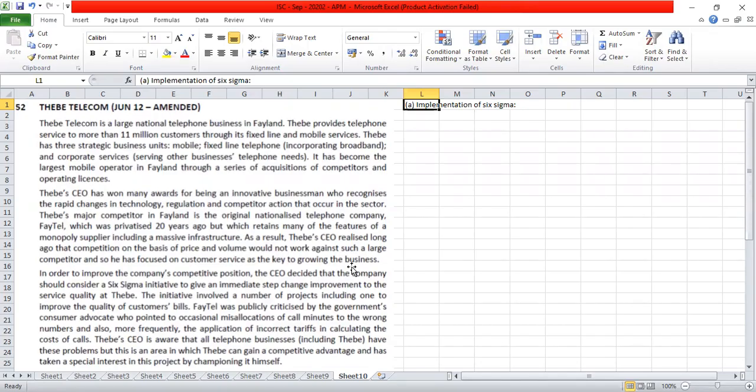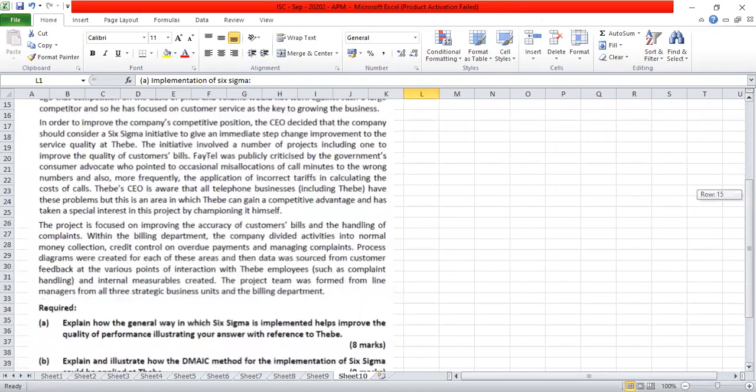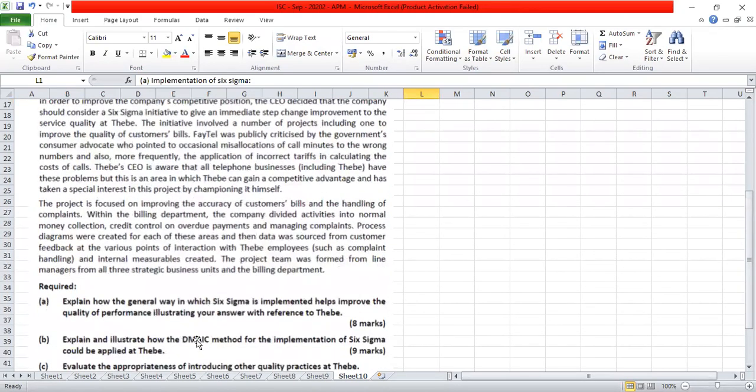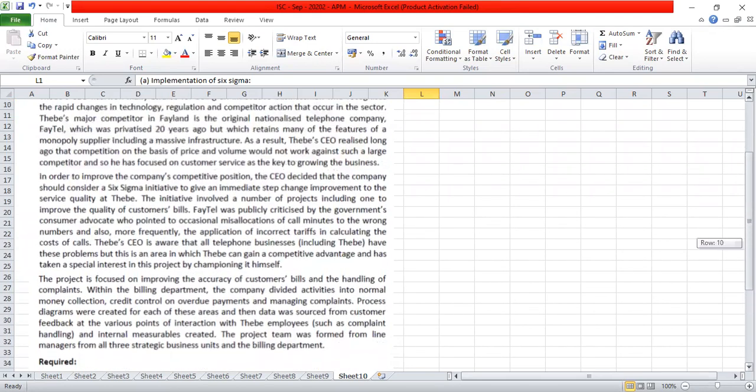So implementation of Six Sigma, though it is asked in a generic sense, ultimately we have to illustrate the answers with reference to Thebe. So what is going on with Thebe with respect to Six Sigma is what we have to answer.